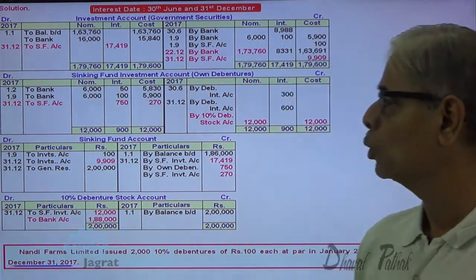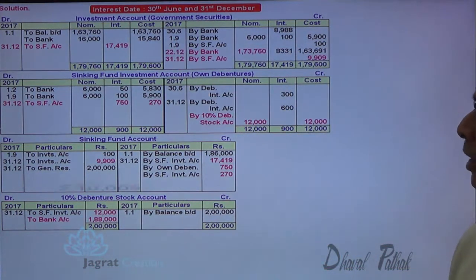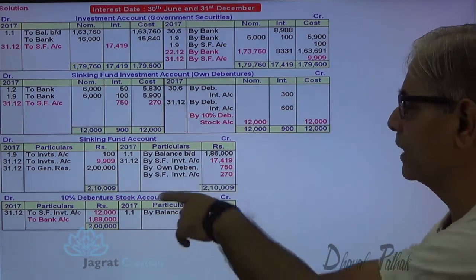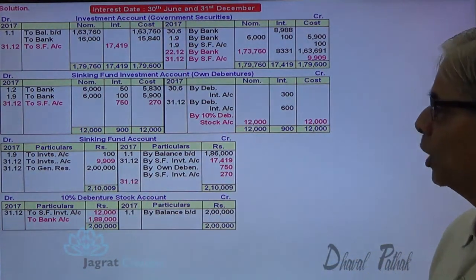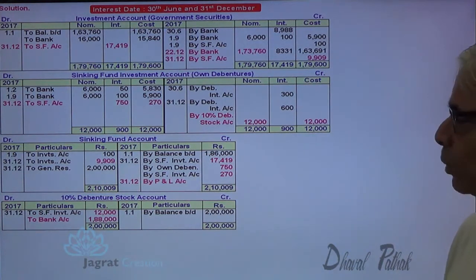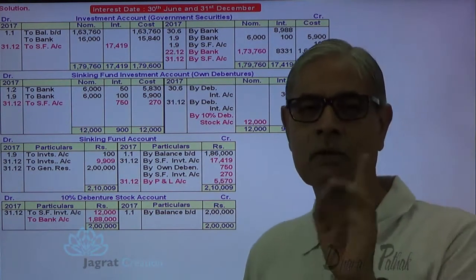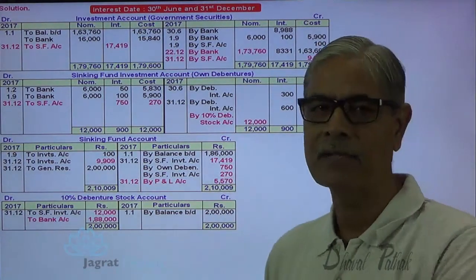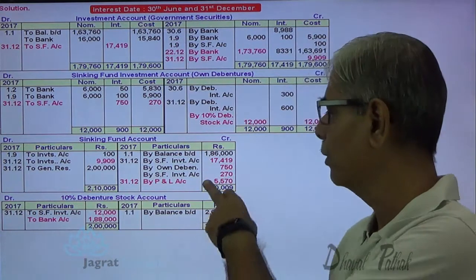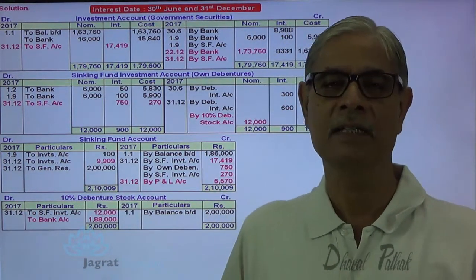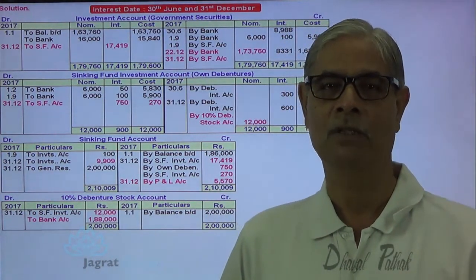So the amount to be transferred from profit and loss account to sinking fund account is the difference amount. So 2,10,009 minus this. So the amount withdrawn from profit and loss account to sinking fund account is not 16,000 as in the last year, but only 5,570. So profit and loss account debit to sinking fund account credit 5,570. This is how this sum gets solved.